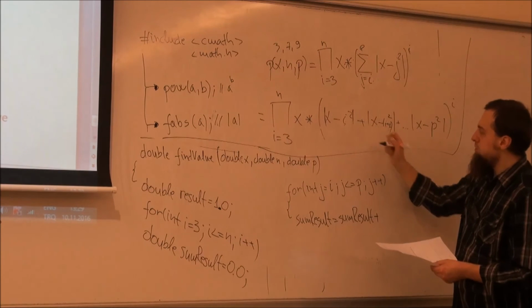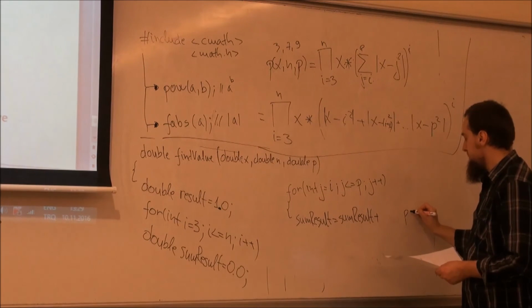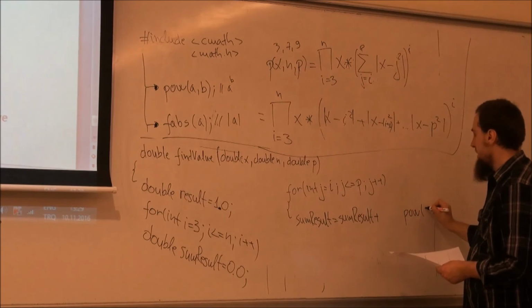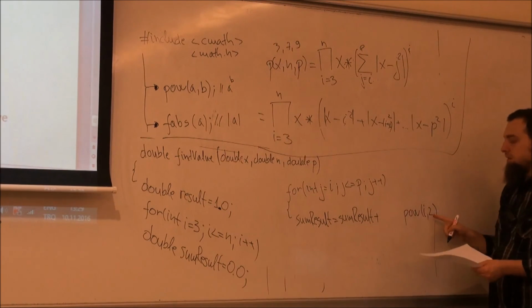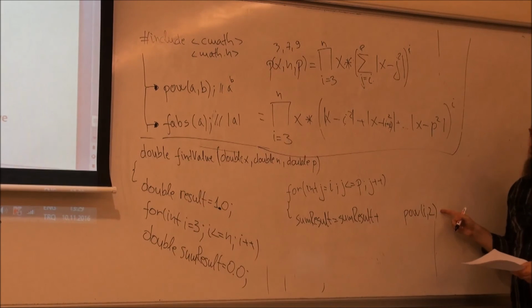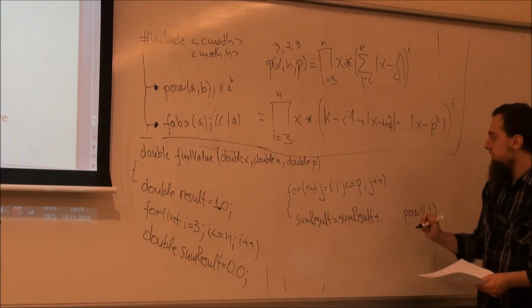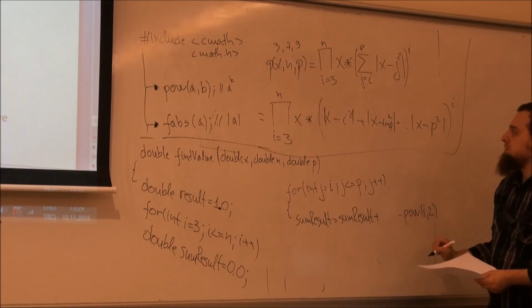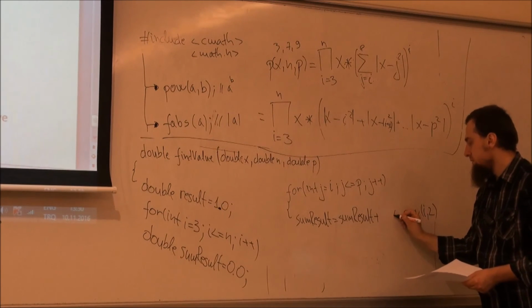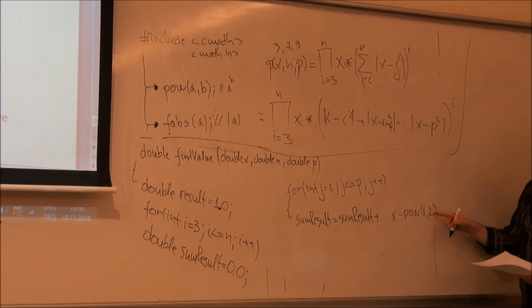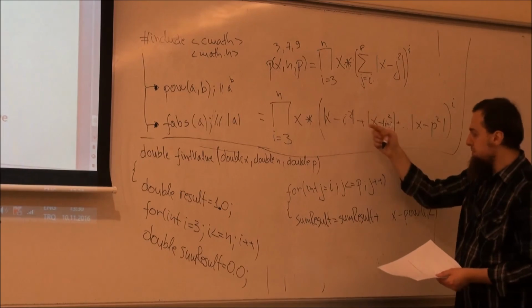We have x minus i squared, but this is in absolute value.